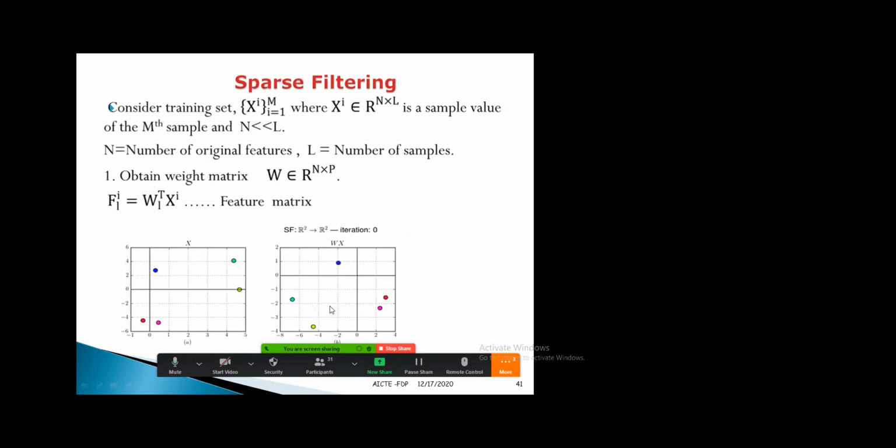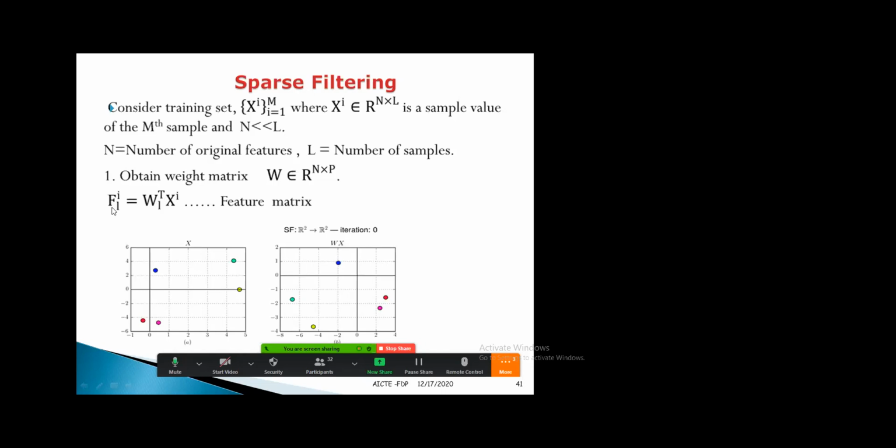Then we have the sparse filtering, in which first we multiply the transpose of a weight matrix with our feature set X, the training set, to get a new matrix, which is called the feature matrix.